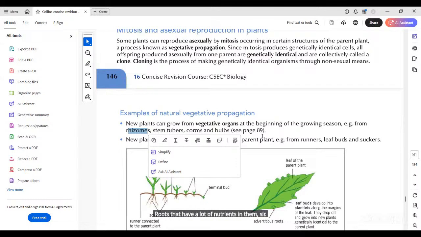Yeah, like ginger. Ginger is the most popular rhizome there is. Turmeric. Sir, would carrot be a rhizome? What is carrot again?